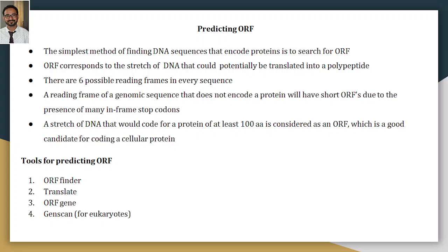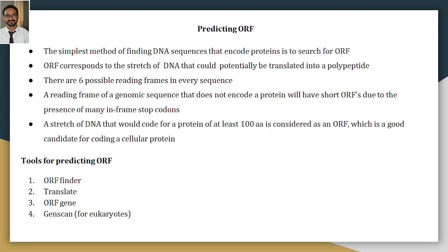Why will you have a short ORF? Because many stop codons are there in that sequence. When you have many stop codons, it will not translate, because for translation to initiate, a start codon will be there, and as soon as it initiates, since many stop codons are there, it will not grow. If the chain is not growing, you are not going to get the polypeptide chain.